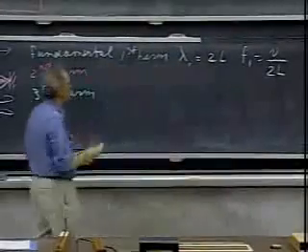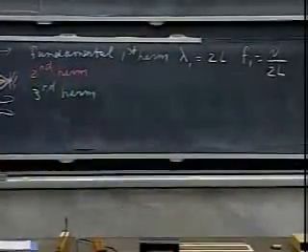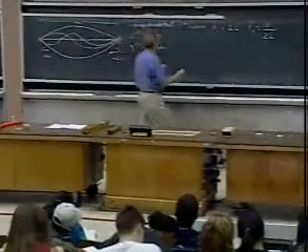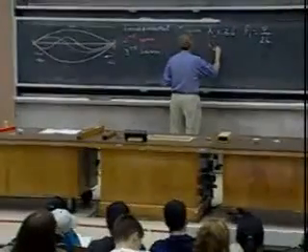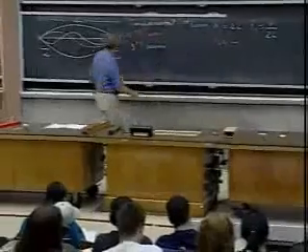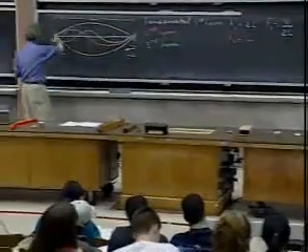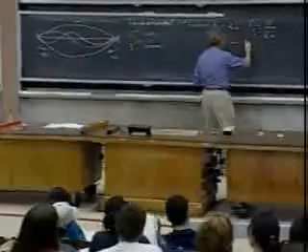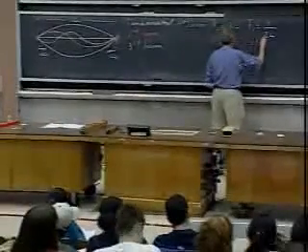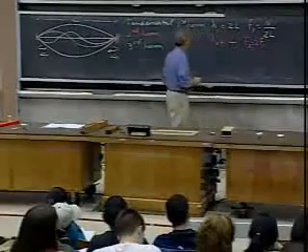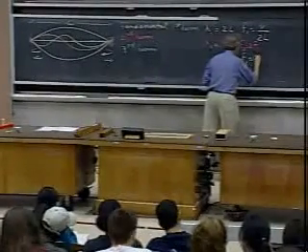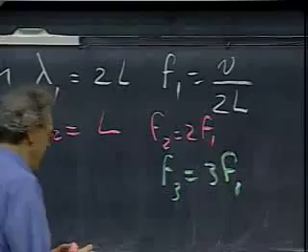So that's the frequency in the fundamental for which this resonance phenomenon occurs. For the second harmonic, lambda 2 equals L. You can tell. You see a complete wavelength here. And F2, that frequency, is going to be twice F1. And F3 is going to be 3 times F1.